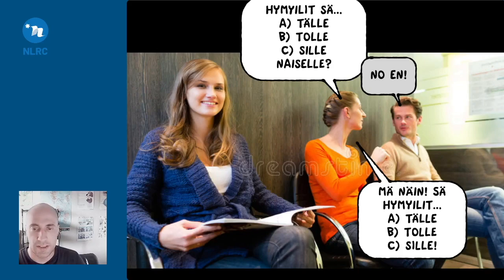And then since it's already been established in the second bubble who she is, sille makes sense since it's now shared common information between both speakers. So, hymyilit sä tolle naiselle? No en, mä näin, sä hymyilit sille.